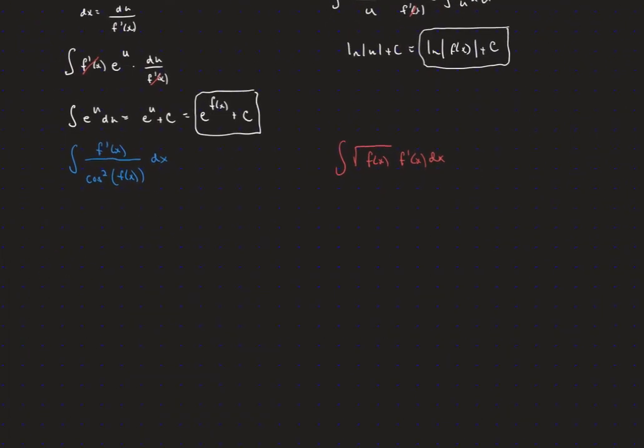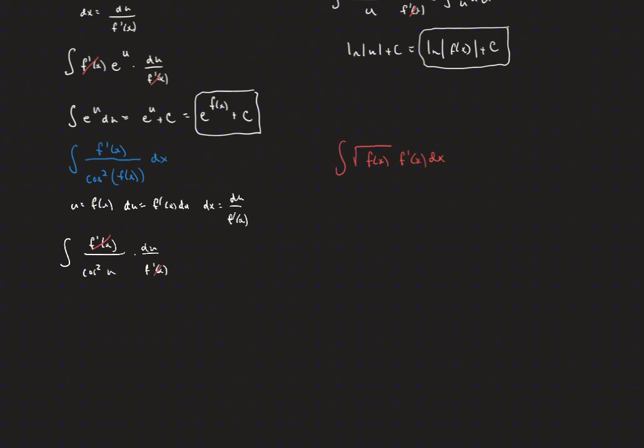Again, we can say that u, the inside function, is f of x. Du is again going to be f prime of x dx, making dx du over f prime. That then becomes the integral of f prime over cosine squared of u, and the du will take care of that extra f prime of x.